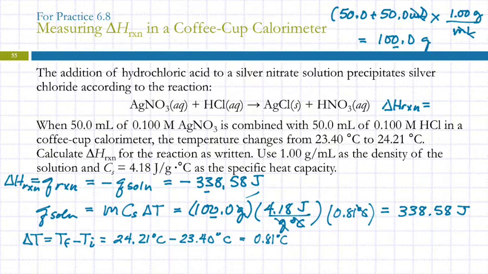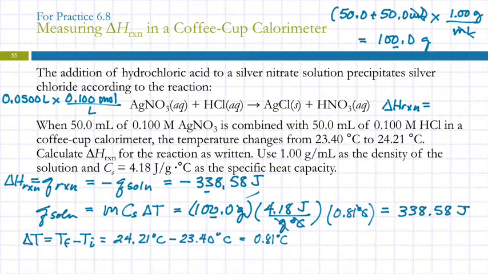How many moles of silver nitrate did we have? Well, this is the solution. 50 milliliters of 0.1 molar. So 50 milliliters is 0.05 liters, and 0.1 moles per liter is what molar means. Moles over liters. Do we have 1 mole of silver nitrate? No, not even close, right?